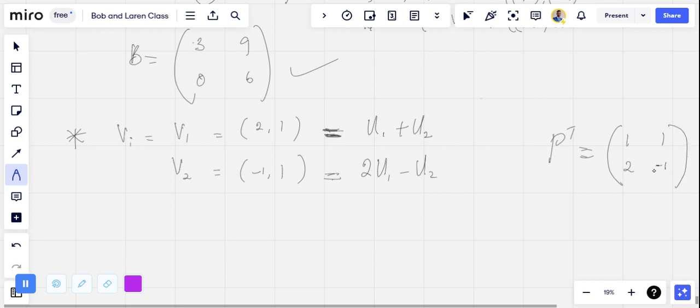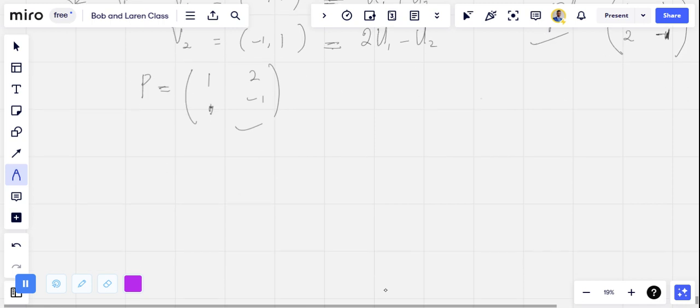That's what I actually have here, and this is my PT. So the transition matrix P now, let's check what is going to be our P. P is going to be the transpose of this one again. So 1, 1 comes vertically here, then this becomes 2, minus 1. So I've already gotten my PT and P. So we've gotten the transition matrix in that case. So that is for that.